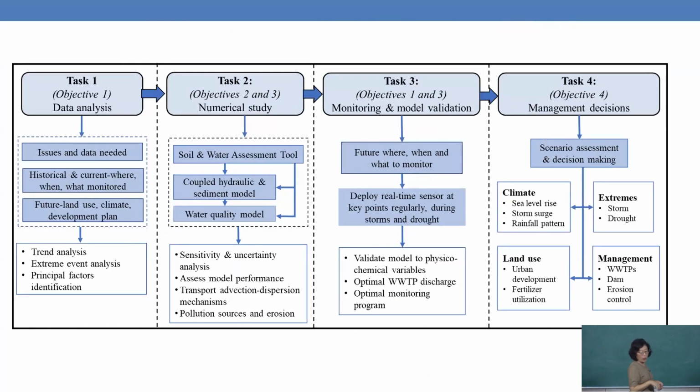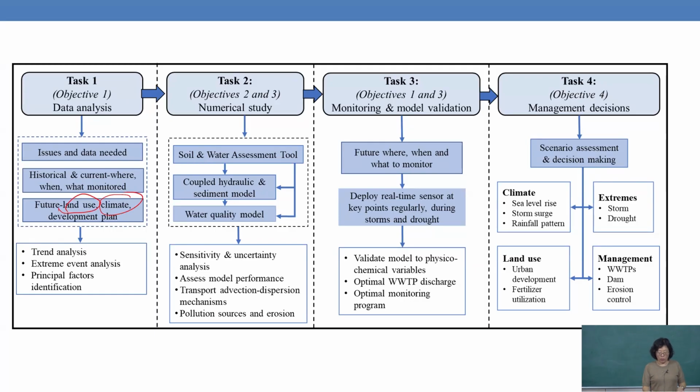So again, when we are looking at all of that, we have to identify what the issues are and what data you need, like in any project. Because we want to do future planning, we need to know what the future land use is, and what the future climate is. I believe you all do a lot of climate change activity as well.